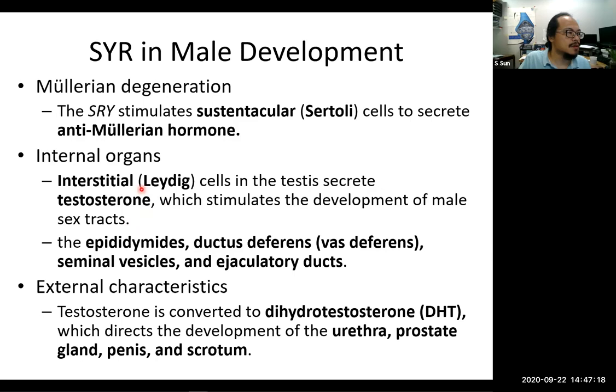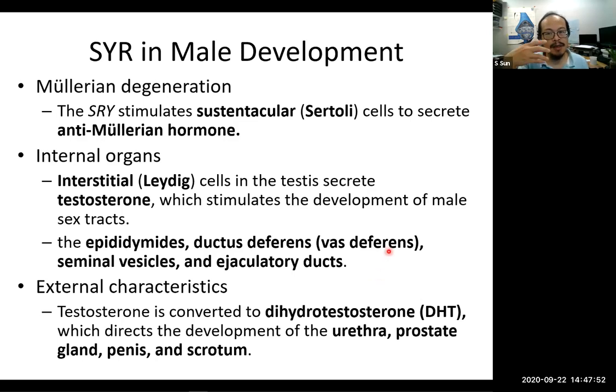So with this testosterone, the baby can start to develop the male sex tract, including the epididymis, ductus deferens, also called vas deferens, seminal vesicles, and ejaculatory ducts.